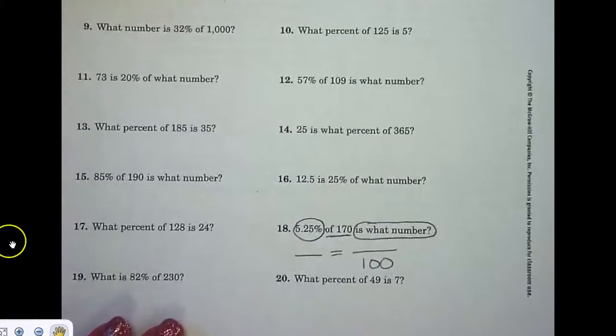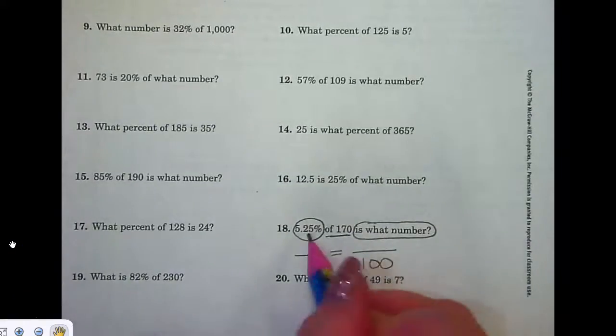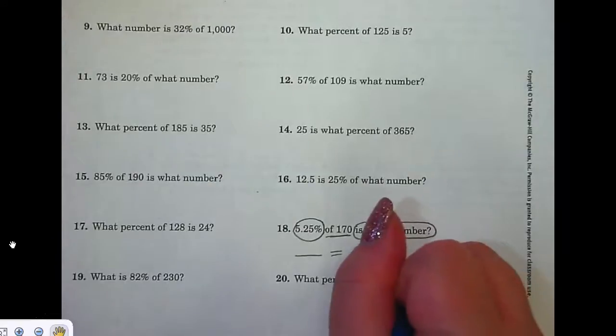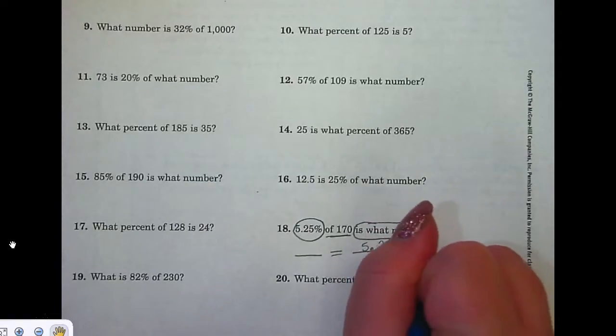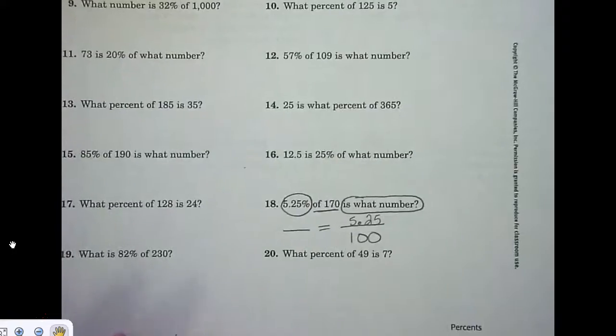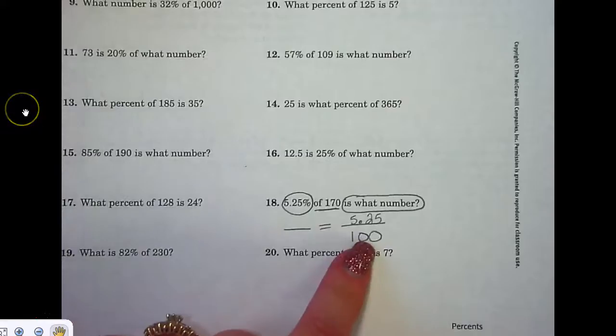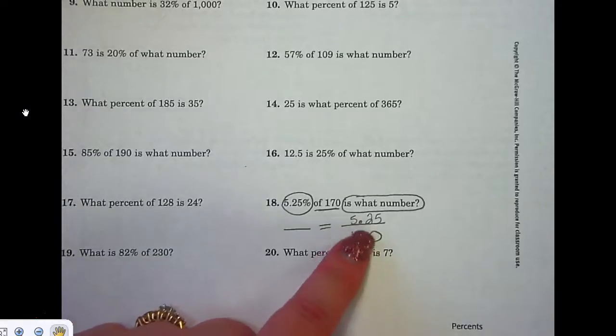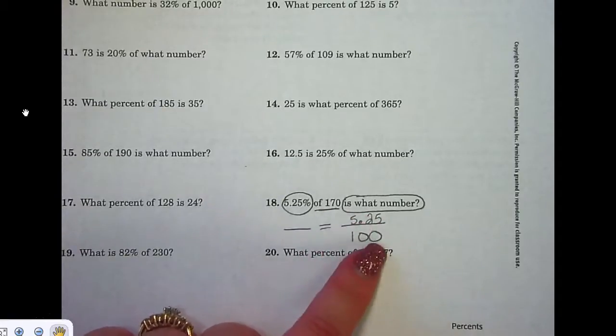The is or the part, right? So 5.25%. Do I have to write the percent sign? Don't. Don't write the percent sign, because if you used the percent sign and then divided it by 100, which is what this problem is doing, it's not going to give you the right number. So 5.25 over 100.